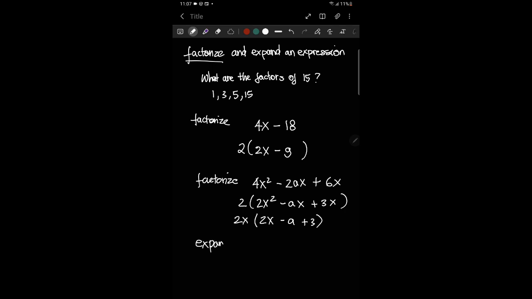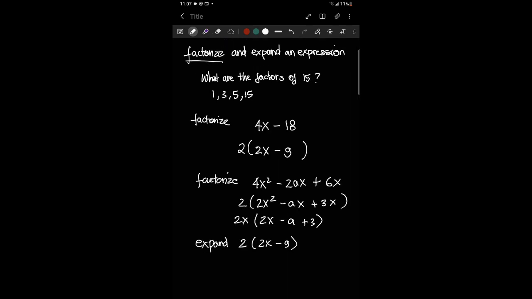Expand is the opposite of the factorize. So if, for example, 2 times x minus 9, how to make it become 4x minus 18? Well, you know, factorize is about taking out the same factors from all terms that are available in the expression, right?